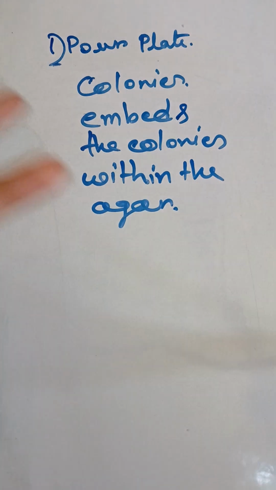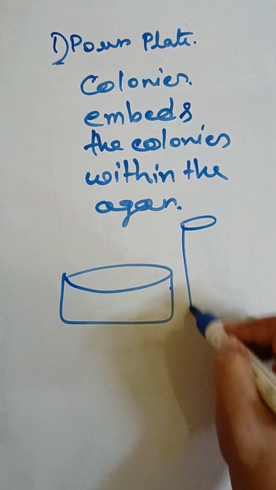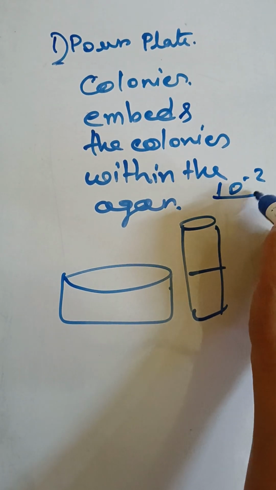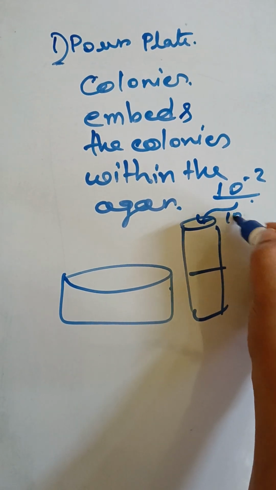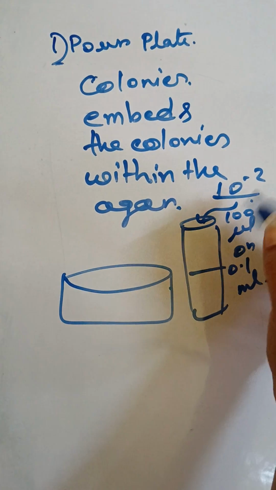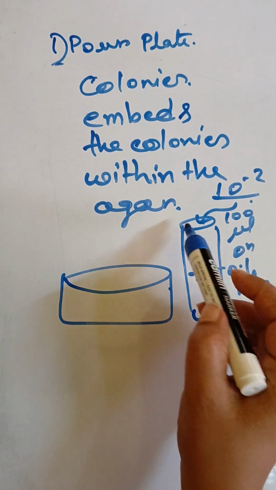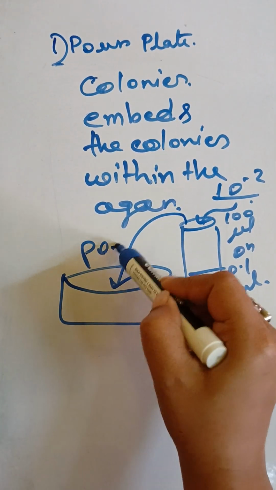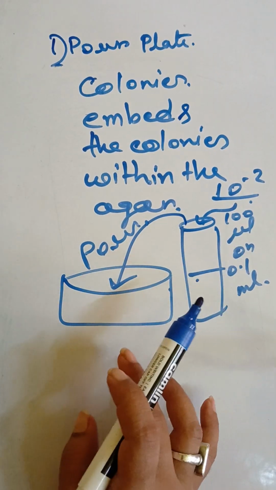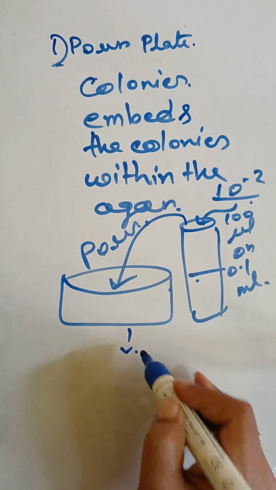It's a soft agar. So from, say, the 10 to the minus 2 dilution, 100 microliter or 0.1 ml inoculum must be added into this. Mix it well, then pour it, mix the plate in clockwise and anti-clockwise direction, and let it incubate.